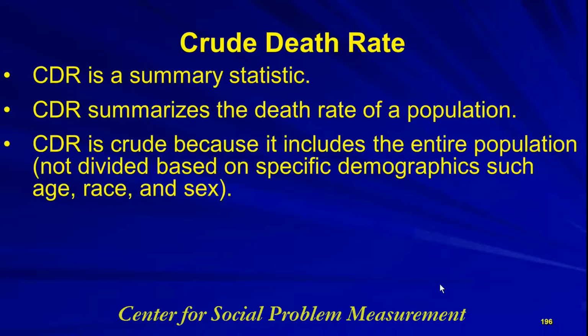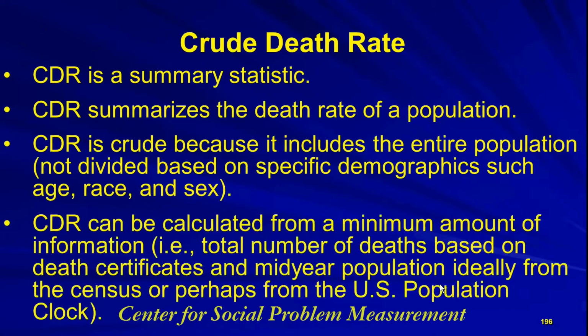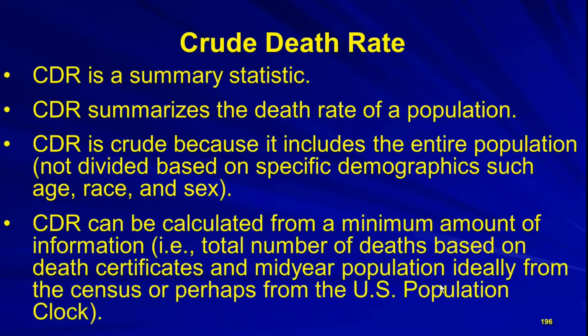So the numerator and the denominator are related, and eventually I'm going to show you other formulas to help make crude rates specific rates, and we're going to show you about 15 of those, or excuse me, about 18 of those.